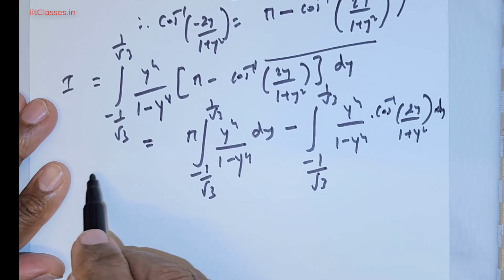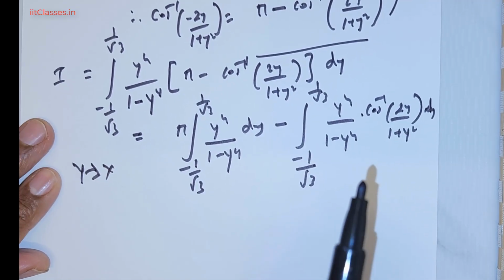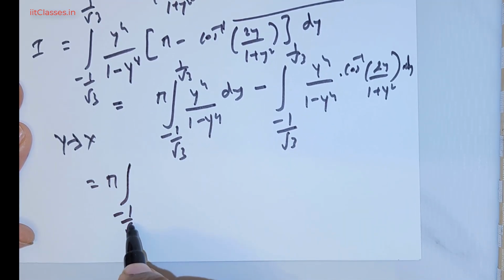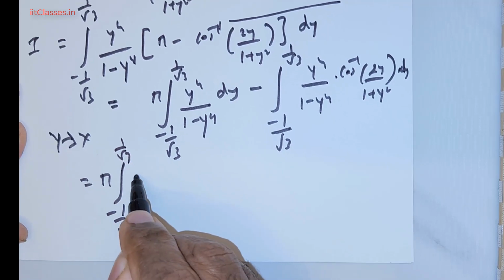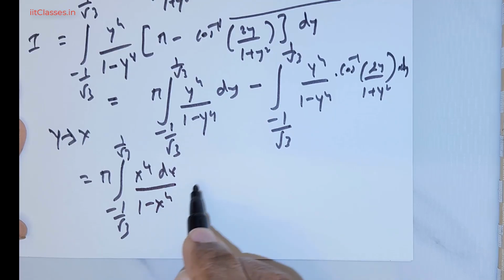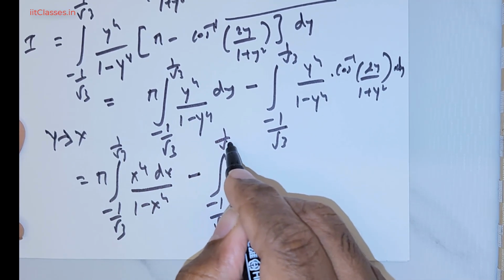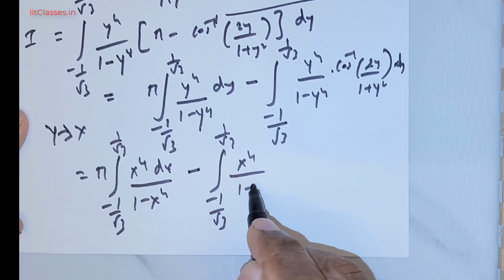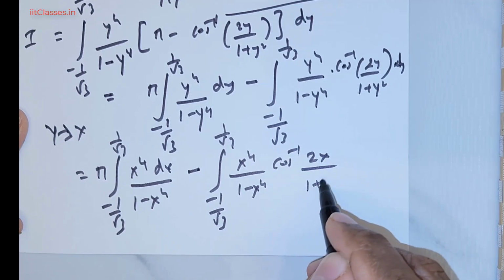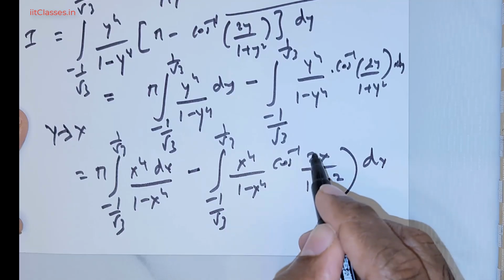Now I'm going to change the variable y to x. No harm is going to be done. So this is going to be equal to pi times the integral from negative 1 over root 3 to 1 over root 3 of x to the power of 4 dx divided by 1 minus x to the power of 4, minus the integral from negative 1 over root 3 to positive 1 over root 3 of x to the power of 4 divided by 1 minus x to the power of 4 times cos inverse of 2x divided by 1 plus x squared, dx.